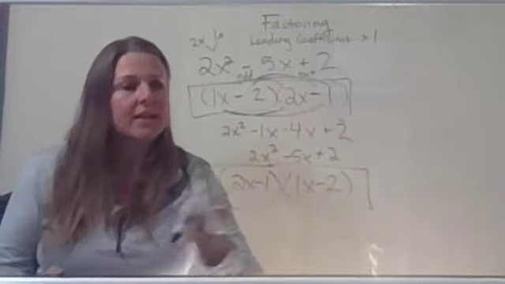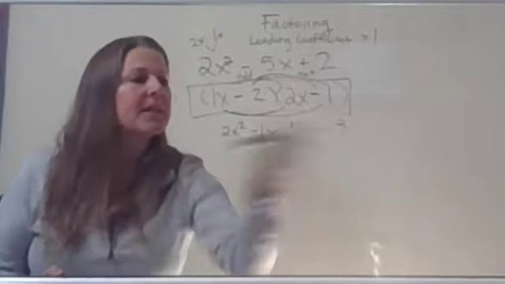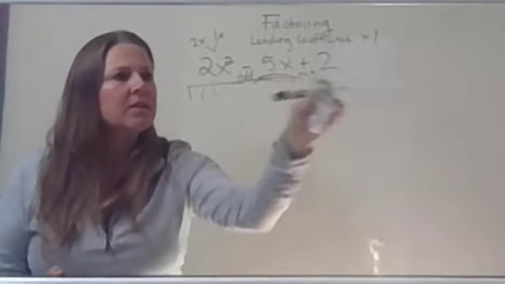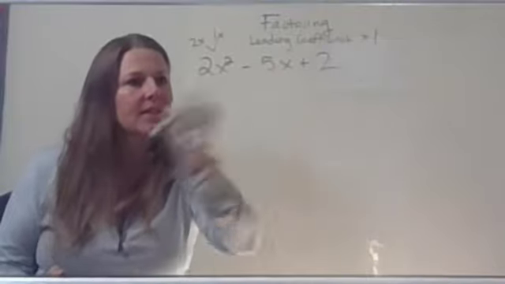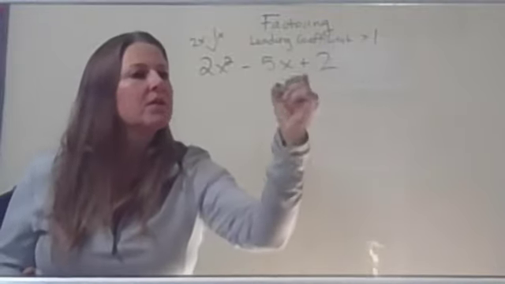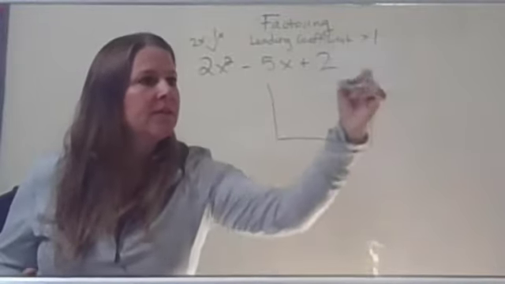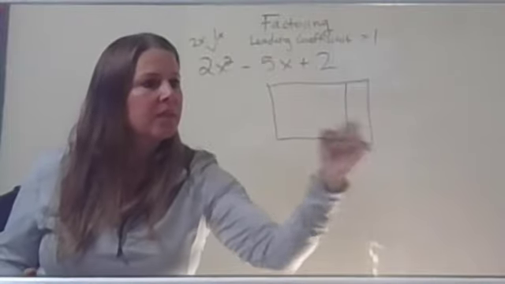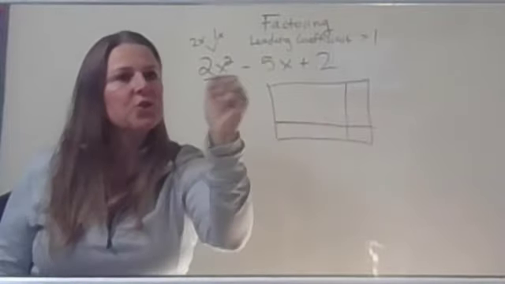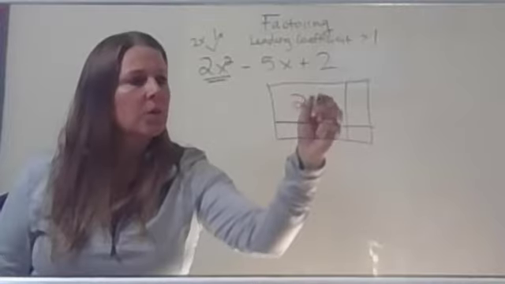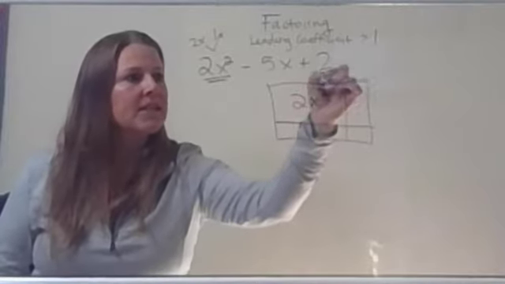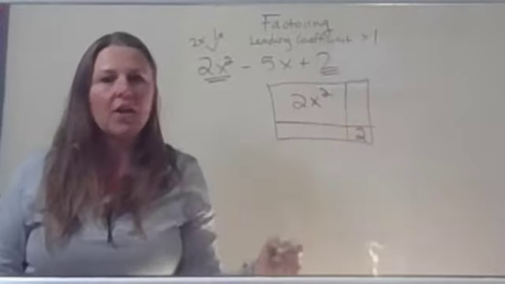Now, I'm going to continue the same exact problem, but we worked on those area boxes, if you remember. So I'm going to draw a box. And 2x squared would be in one of the boxes. The 2 would be in the other box.